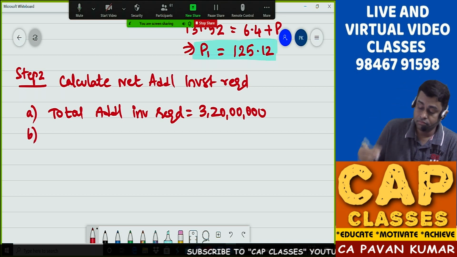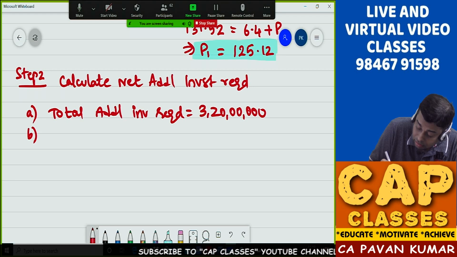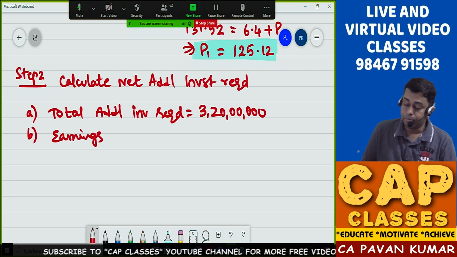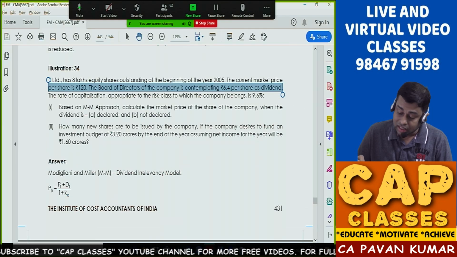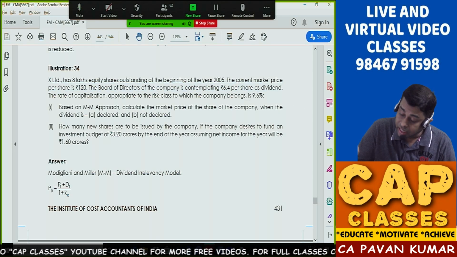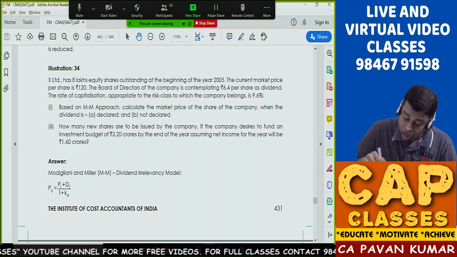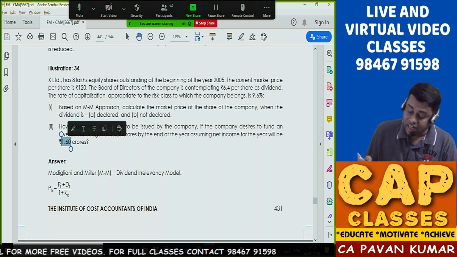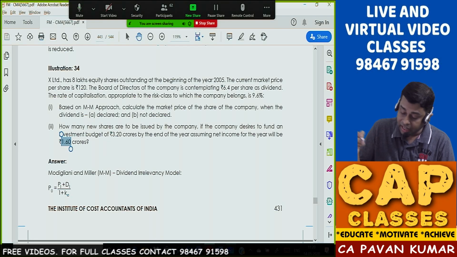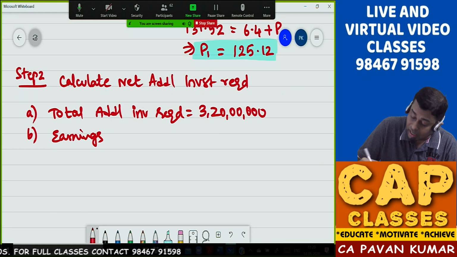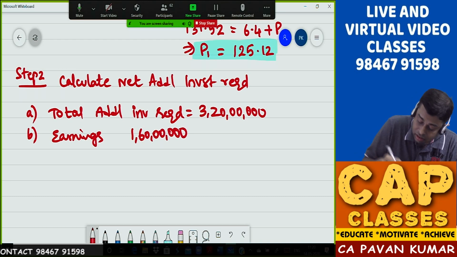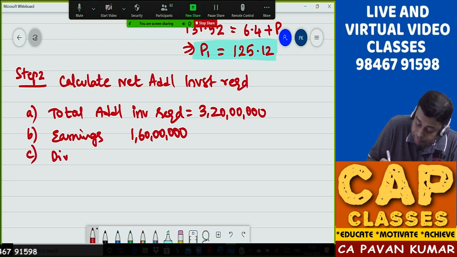B. Okay. Earnings of the company. They have clearly given what are the earnings of the company. Look here. The company wants 3.20 crores and net income for the year will be 1.60 crores. So can I write the earnings is 1 crore 60 lakhs. C. Dividends.